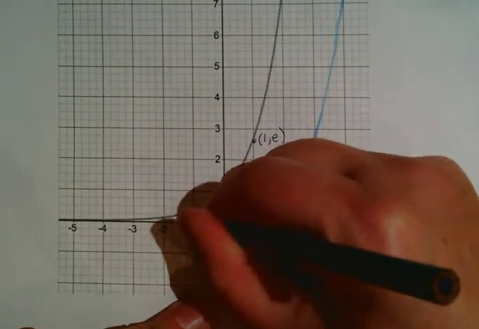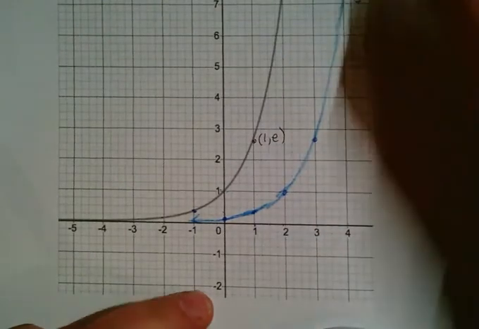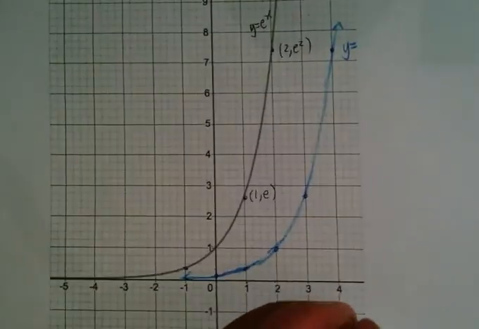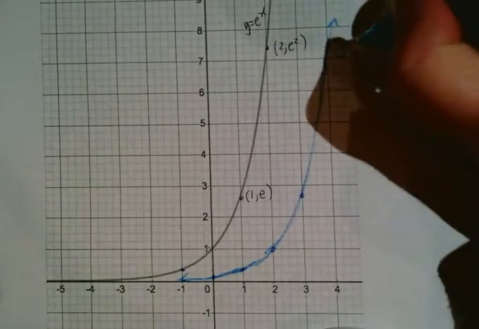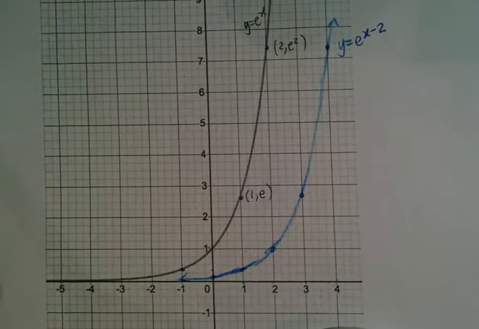So that's just an asymptote, just be careful there. Okay, so we've got y equals e to the x minus 2, which is a sideways shift of 2 to the right. And if you can also maybe sketch in red, y equals e to the x plus 1.